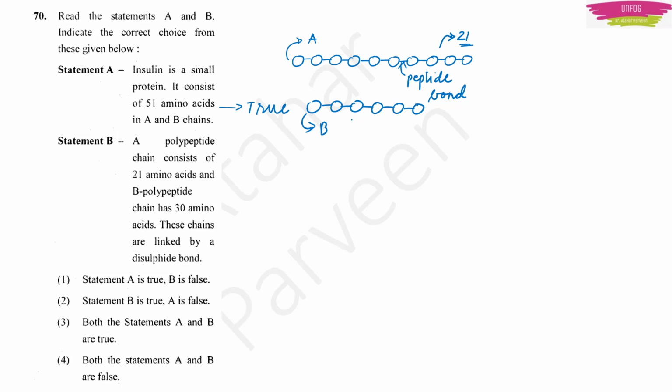And in chain B, there are 30 amino acids present, and these two chains are linked together by disulfide bridges. Disulfide bridges means they'll form a sulfur linkage here. Here sulfur is present, right? So these two chains are linked together by a disulfide bond. Two sulfides, so di is present. A disulfide bond is present between these two chains, and together they form insulin.